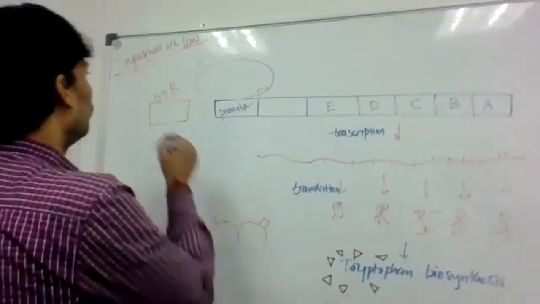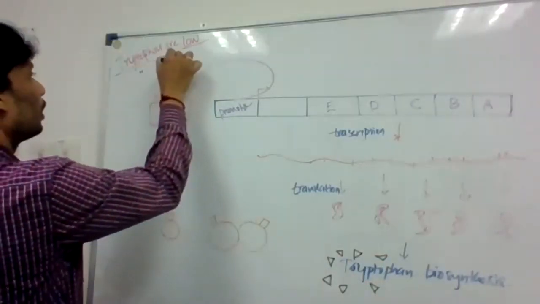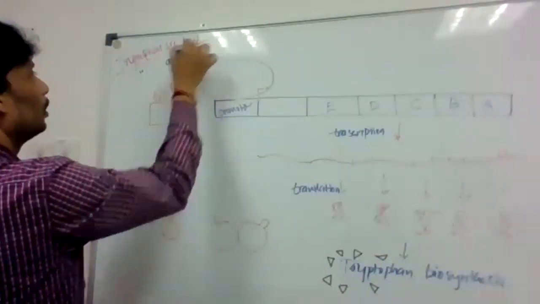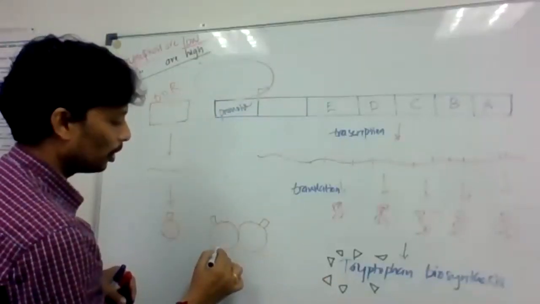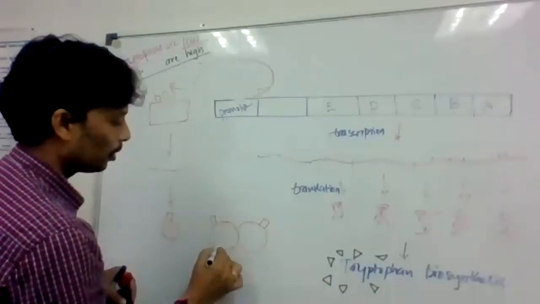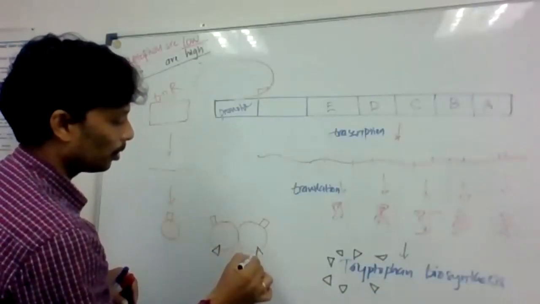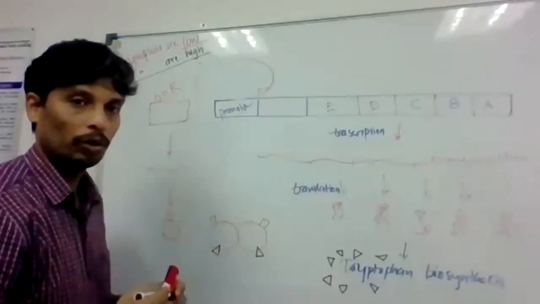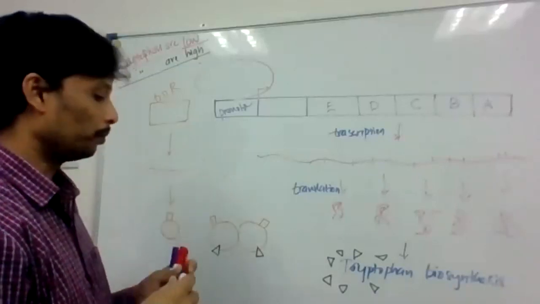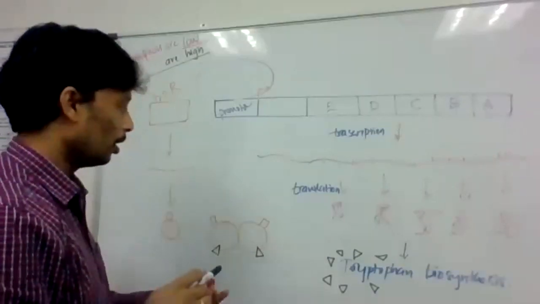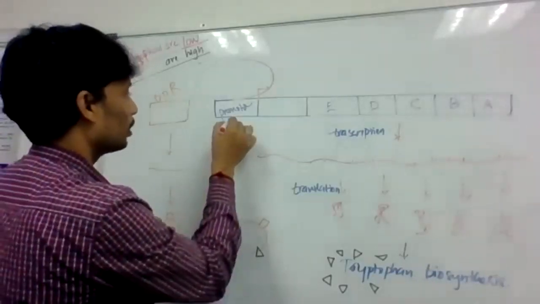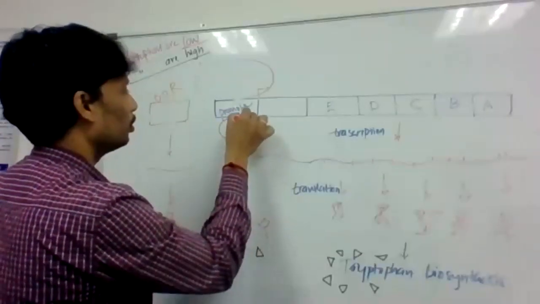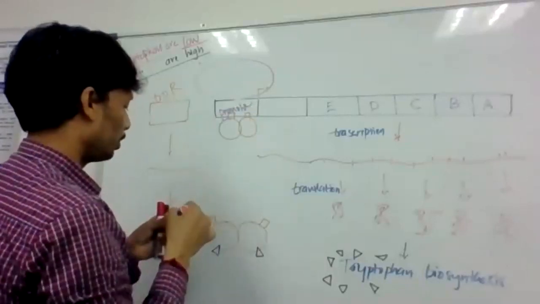Then, when the tryptophans are high, these molecules bind to the repressor molecule at allosteric sites. Then it will change its conformation in such a way that it is able to bind to the promoter region.